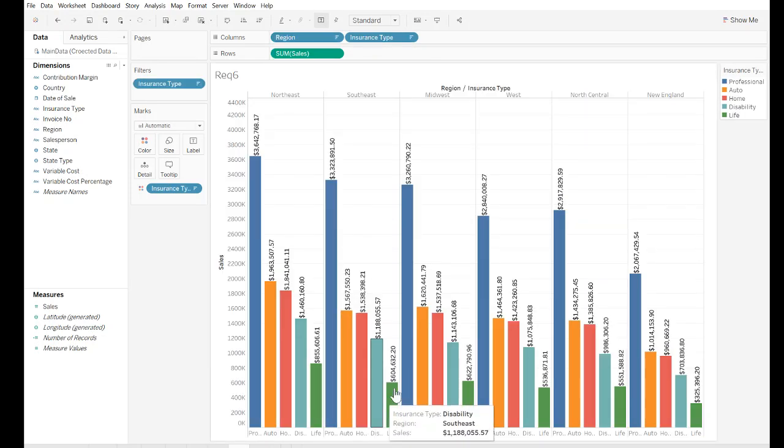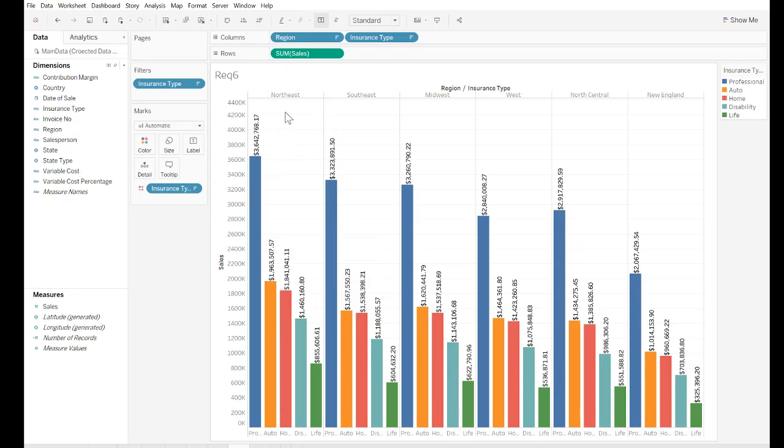What is the total dollar amount sold for each type of insurance? By region, we can see the total dollar amount for each type of insurance very clearly. Insurance types: professional, blue; auto, orange; home, red; disability, light blue; and life, green. You can see that by far the most type of insurance sold is professional insurance.